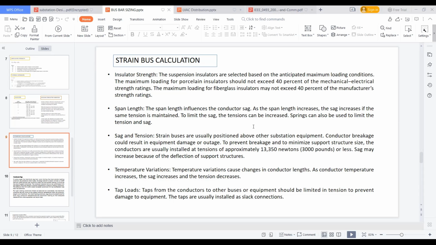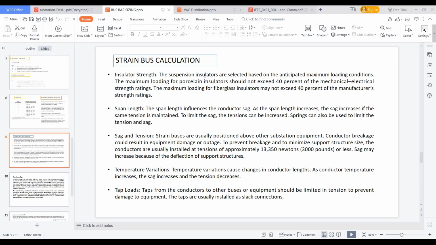So first one is the insulator strength. The suspension insulators are generally selected based on the anticipated maximum loading conditions. The maximum loading for the porcelain insulators should not exceed 40% of the mechanical and electrical strength ratings of those insulators.